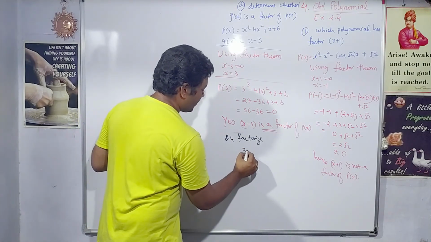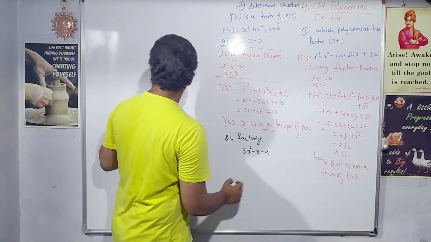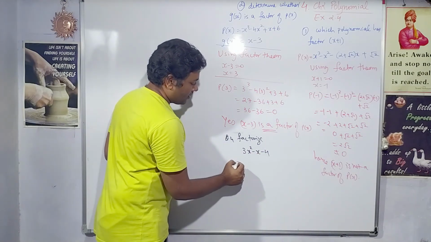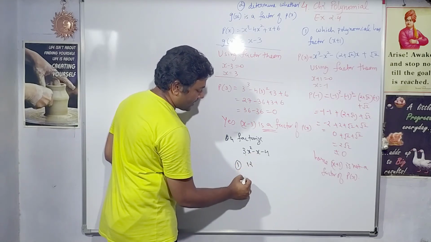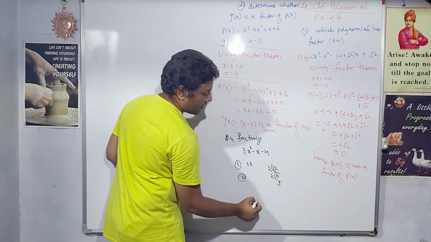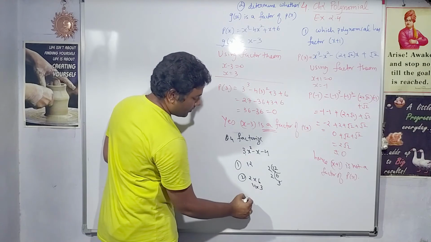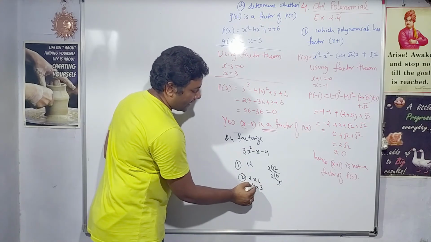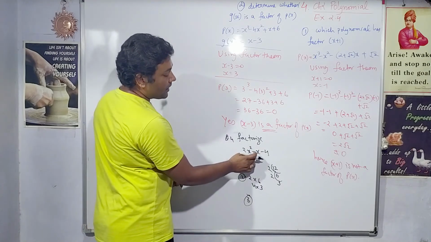3x square minus x minus 4. So write as per the steps. Multiply AC, so 4 into 3 is 12. In the second step, find the factors of 12. What are the factors? You can write 2 into 6, or you can write 4 into 3. Third, arrange the factors in such a way that their addition or subtraction will give the middle term.